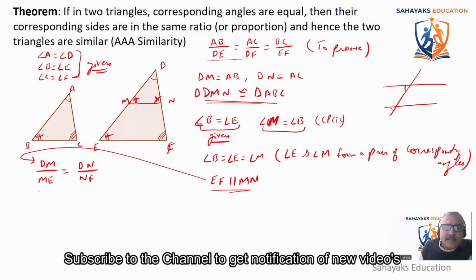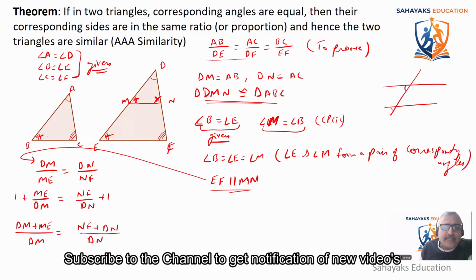I'll just write it as ME by DM is equal to NF by DN. Okay, now I'm adding one at both the places. I'm adding one here, one here. So it becomes DM plus ME by DM is equal to NF plus DN by DN.